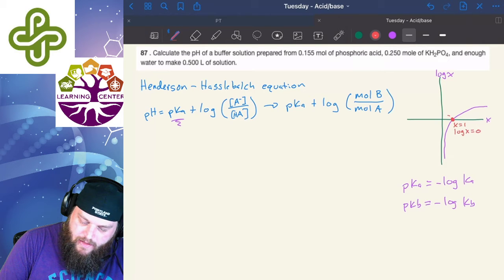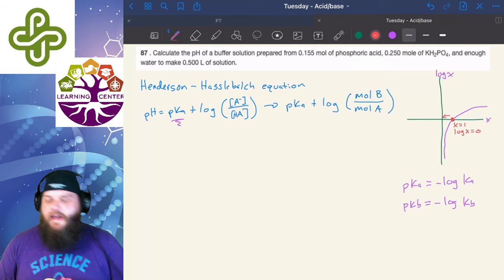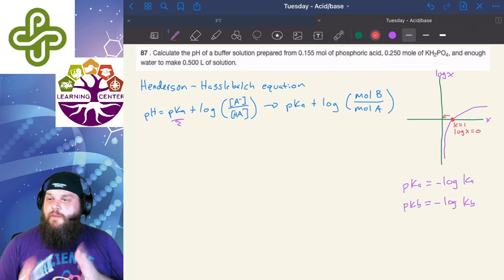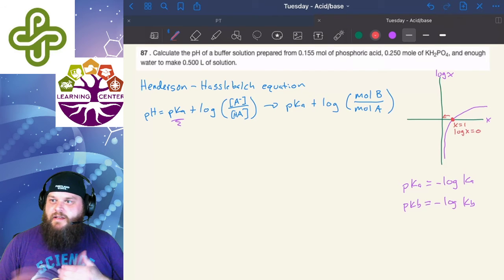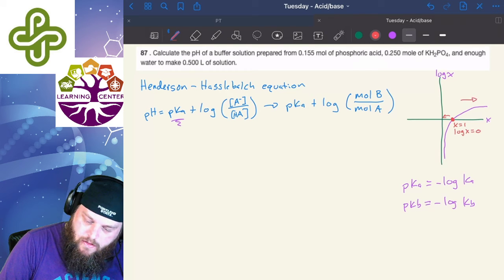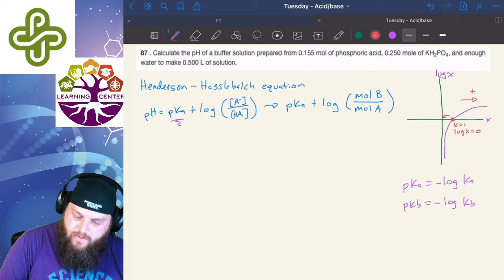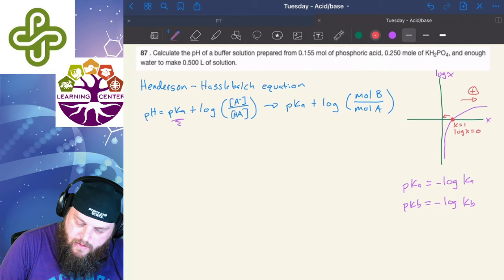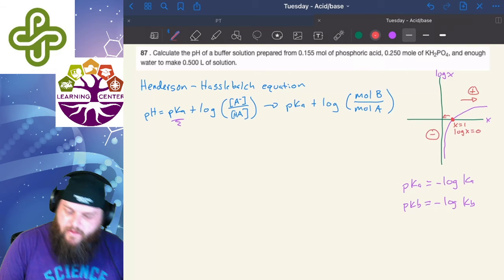Anything to the left of that, we can see that x is less than 1. X can never be less than 0, but when x is less than 1, the log of x is negative. And when x is greater than 1, the log of x is positive. So over here we have a positive log x value. Down here we have a negative log x value.